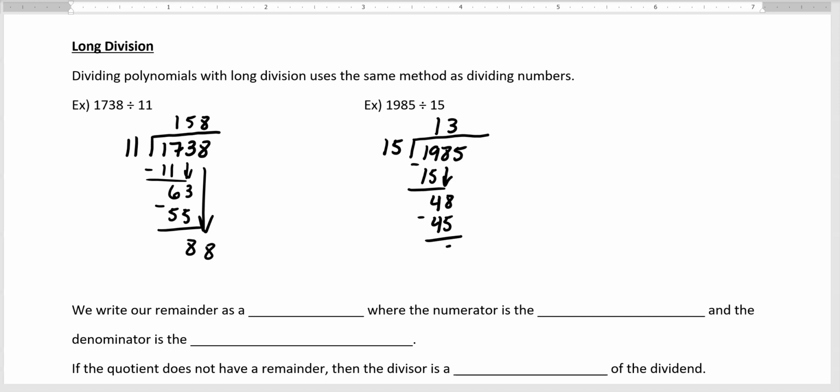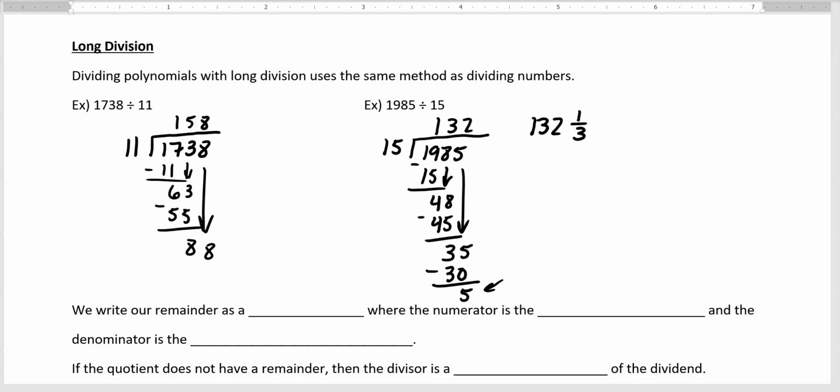I subtract and get 3. Bring down the 5. 15 goes into 35 twice. I multiply and I'd get 30. And then I get this remainder of 5, right? I have nothing else to bring down. This would be my remainder. And in this case, what we're going to do is make a fraction. So 5 over 15, that would become 1 over 3 when I simplify.